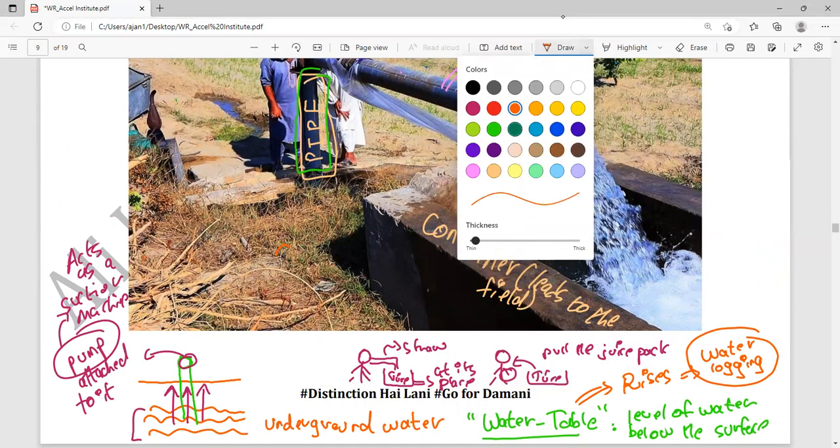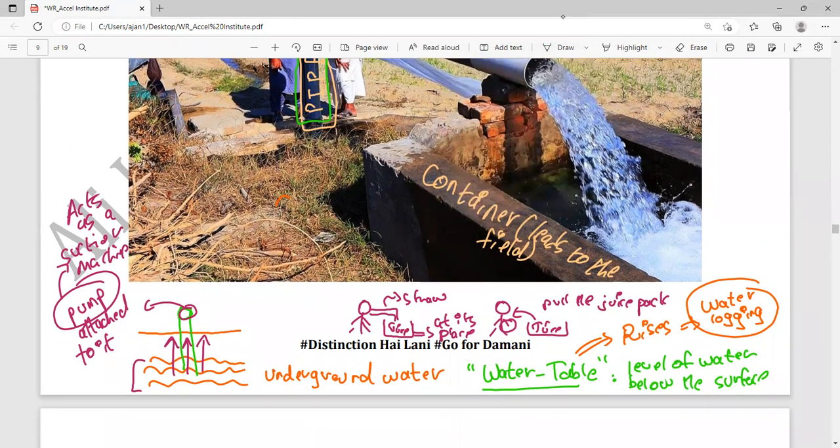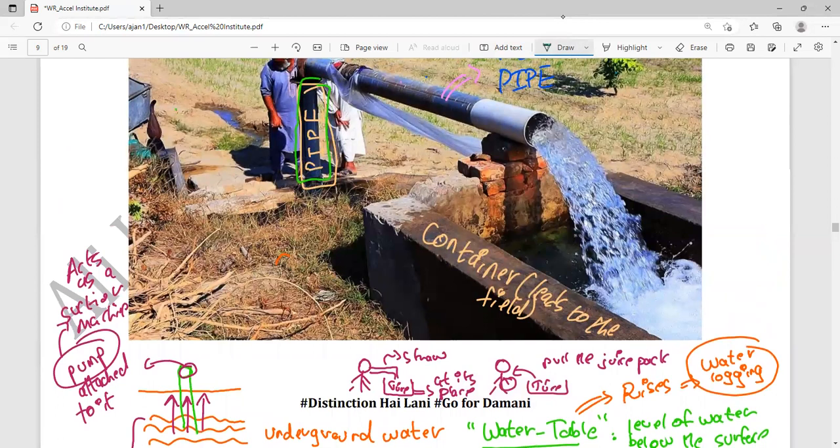Now consider this. When your water level rises, what will happen next? Water logging is ultimately a rise in the water table.